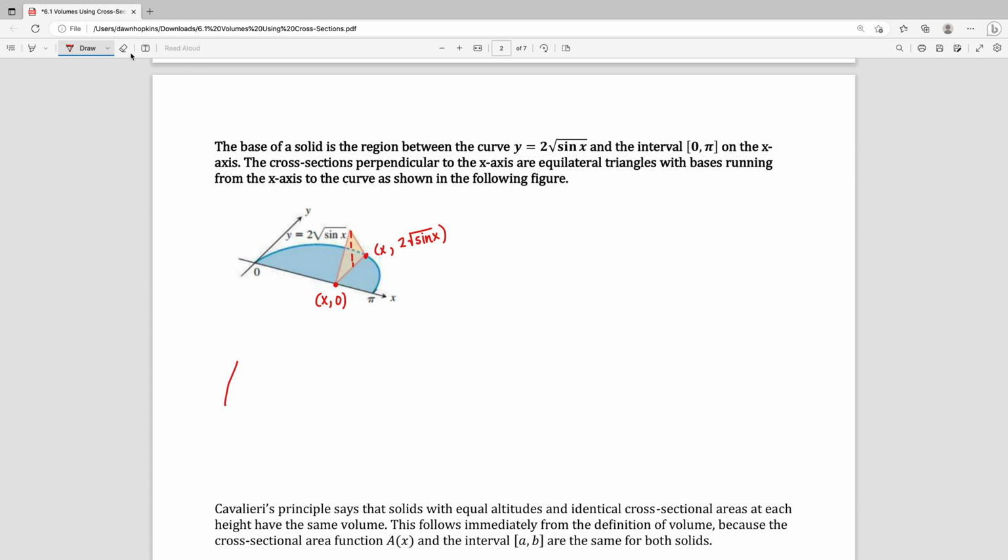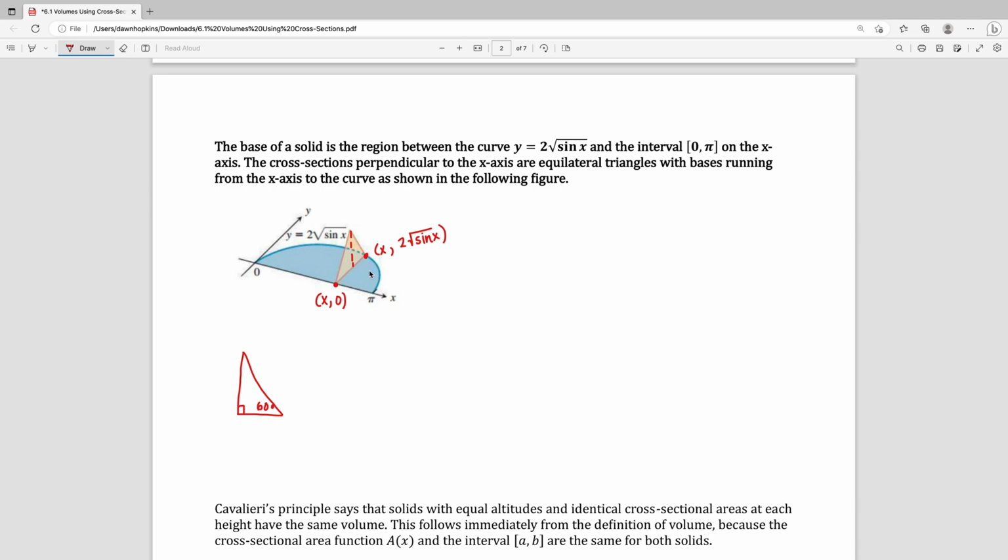Let me try that line one more time because that did not look straight. So here's our 60-degree angle. That would be this angle down here. The height is perpendicular to the base, so that's 90. That makes this upper angle 30 degrees.